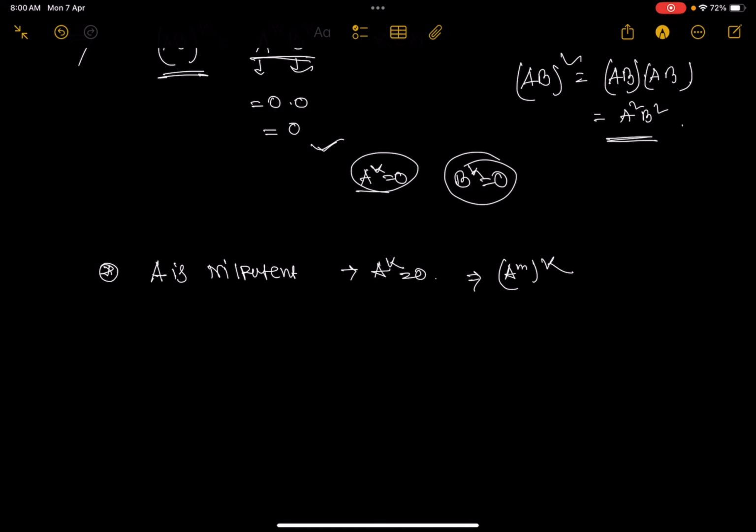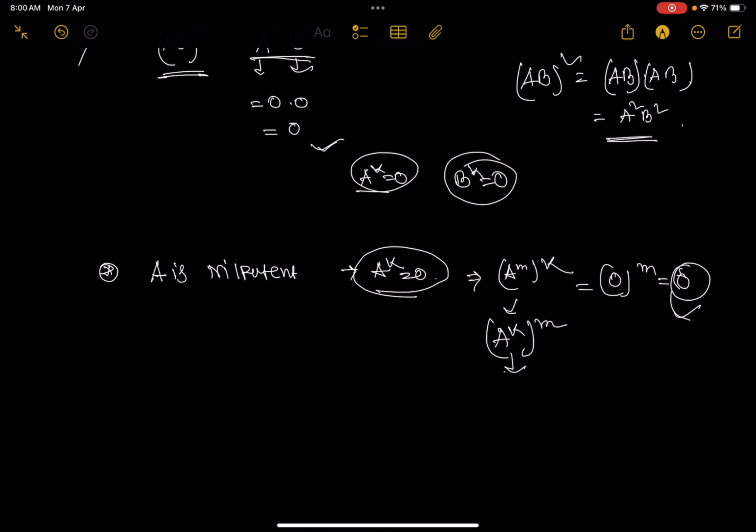Since k belongs to natural numbers, we can rewrite it as 0 to the power m equals 0, which can be written as A to the power k whole to the power m. By the definition of nilpotent this goes to 0, and 0 to the power m is 0. This holds for all m greater than or equal to 1.